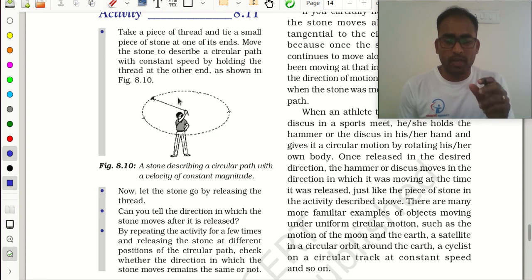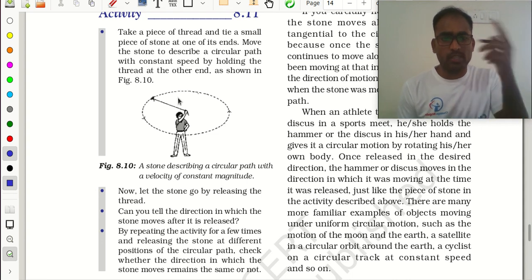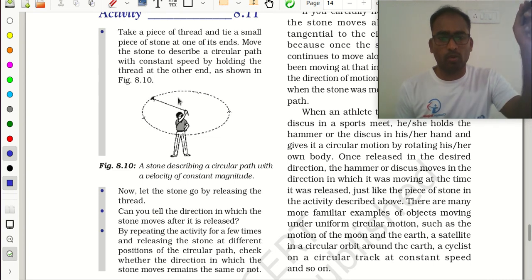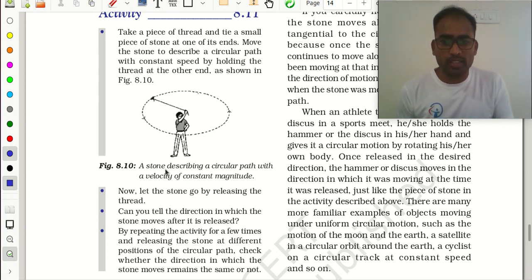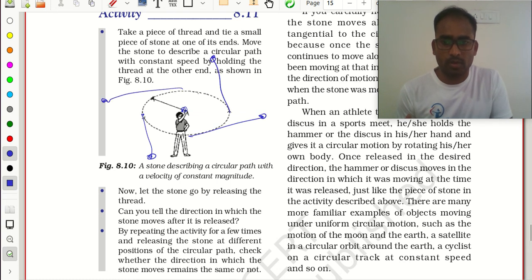You tie one stone with one thread, rotate it, and then throw it. When you leave it here, the stone will go in a straight path, like this, and it will fall there.